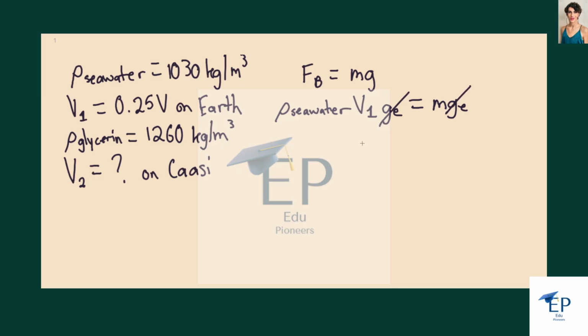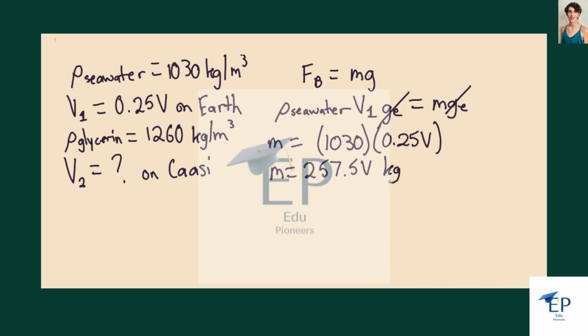Here, gravity can be canceled out, and we're trying to find m. So m would simply be equal to 1,030 times 0.25 V, given that 25% of this volume is submerged. This would give us 257.5 V kilograms.